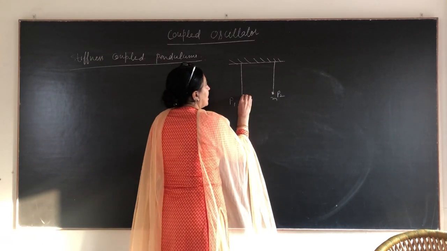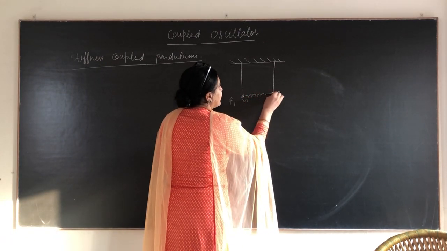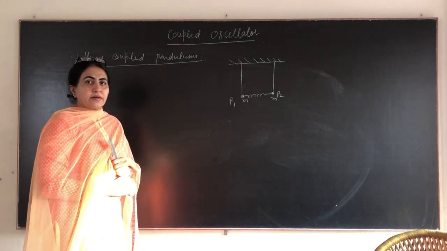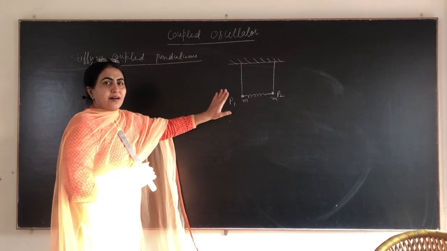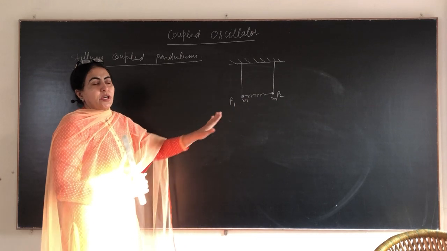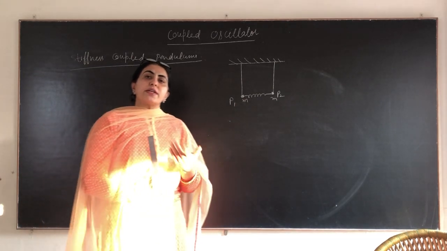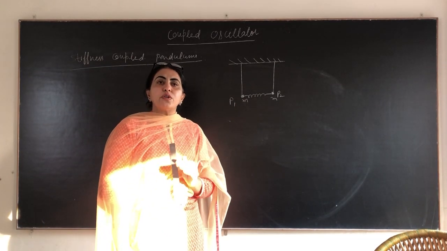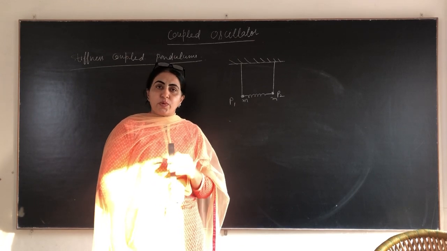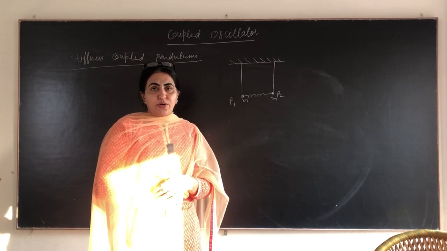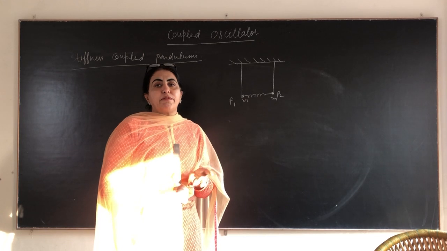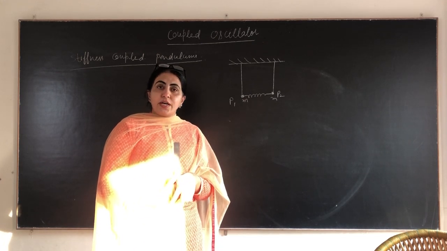So we couple them with the help of a spring. Clear? So now this is a coupled oscillator. Now what is our aim? We want to find out the differential equation for this coupled oscillator, and then we will find out the equation of motion of this.